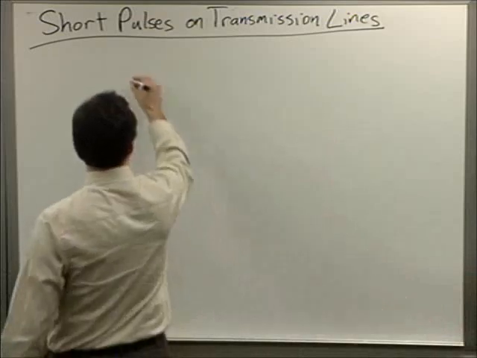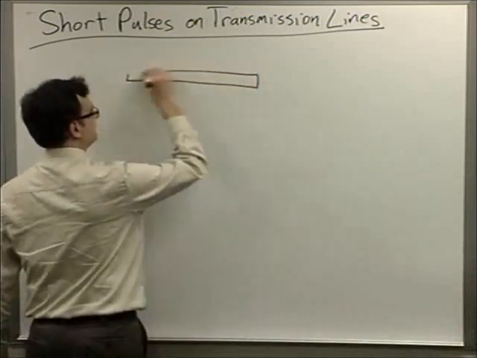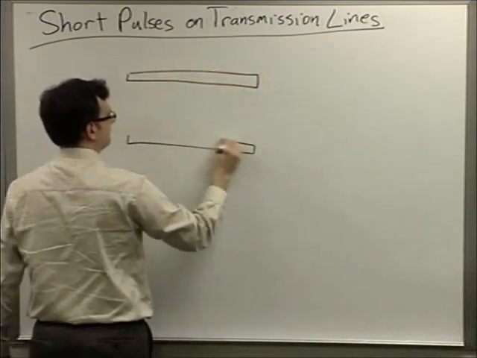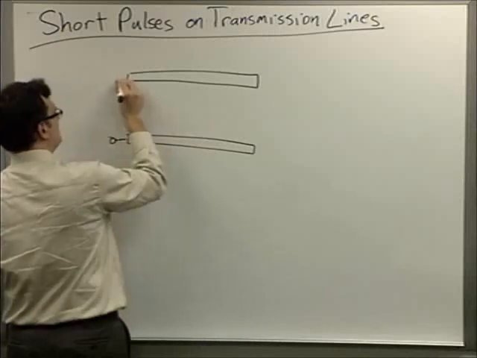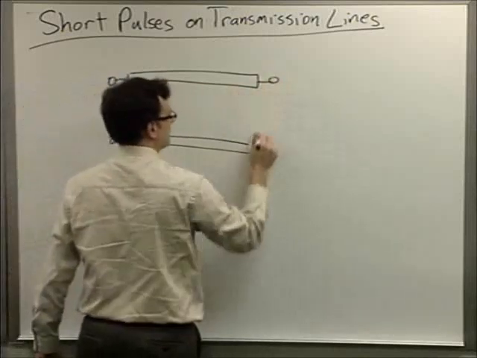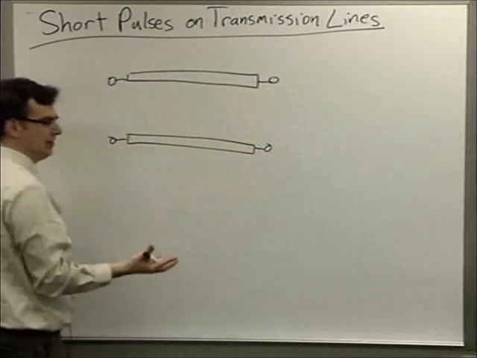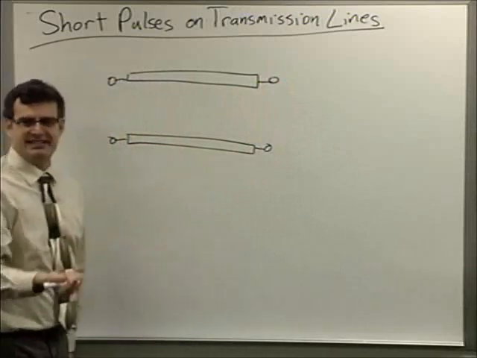If you've got a transmission line, and when we talk about short pulses, what we really mean is a pulse that typically has a duration of less than a transit time.